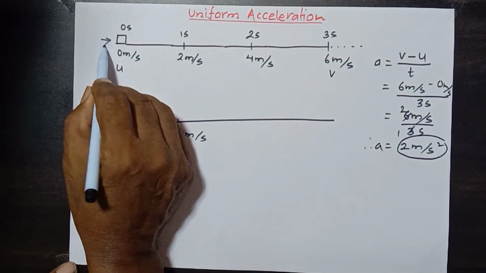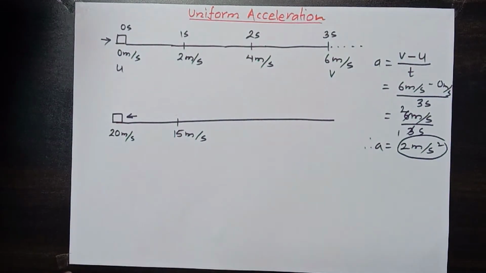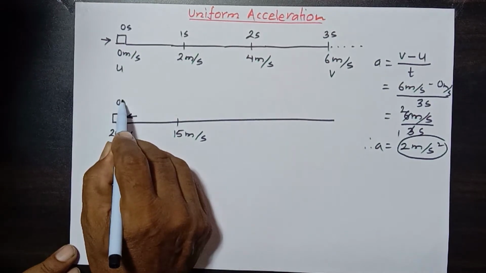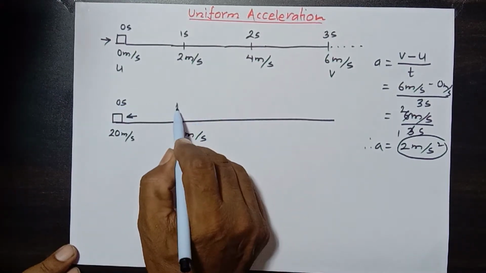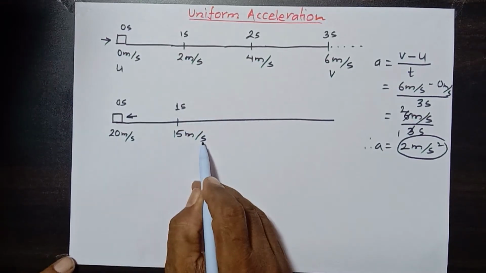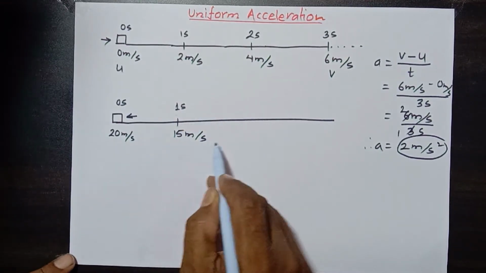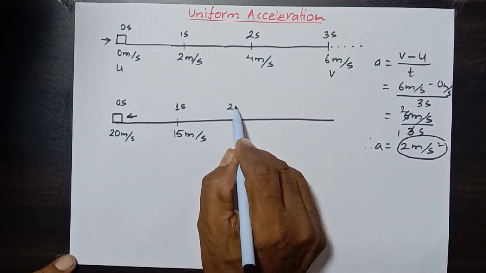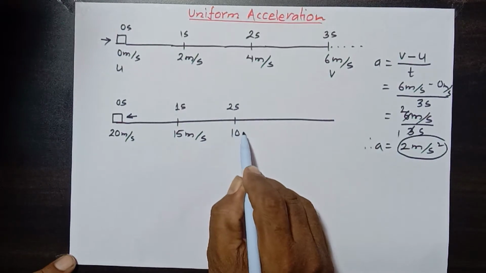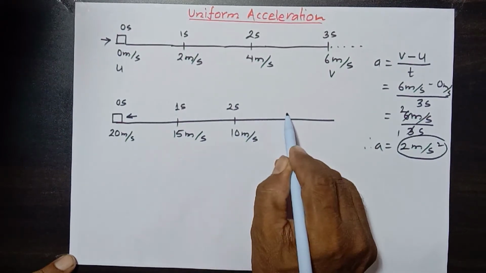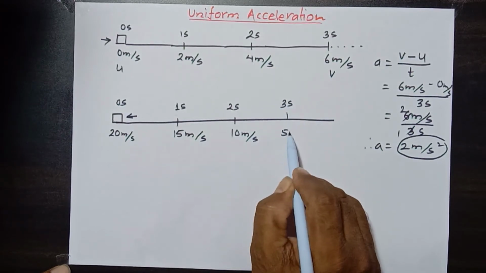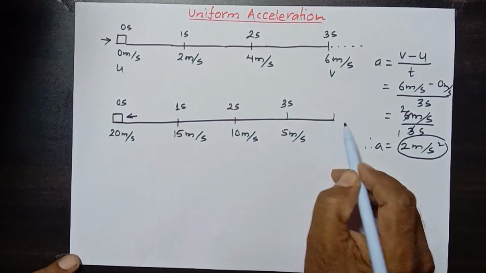At the end of 2 seconds, its velocity has gone down to 10 meter per second, and after another 1 second, it has gone down to 5 meter per second, and finally it came to rest.